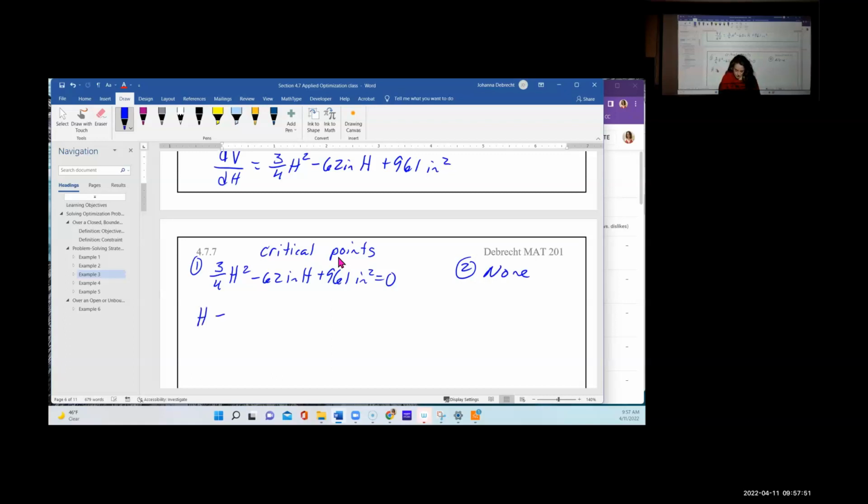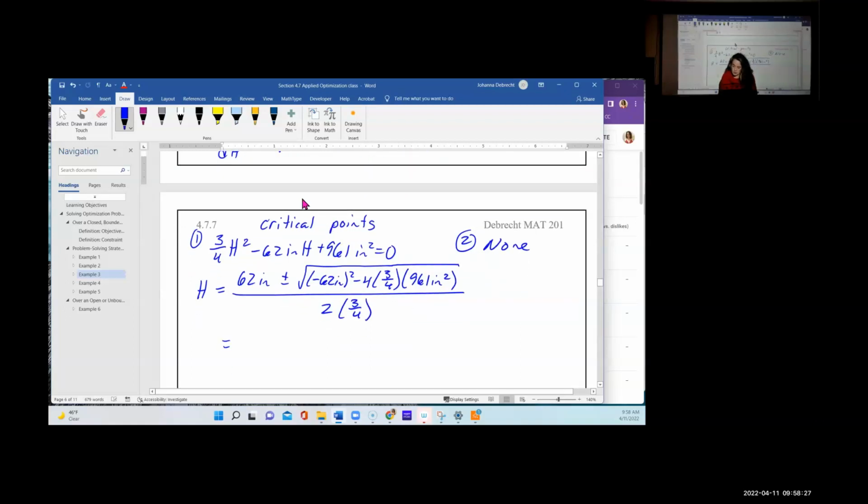So I have H equals the opposite of negative 62 inches, which is 62 inches, plus or minus the square root of negative 62 inches squared minus 4 times A, which is 3/4, times C, which is 961 inches squared, all divided by 2 times A, which is 3/4.